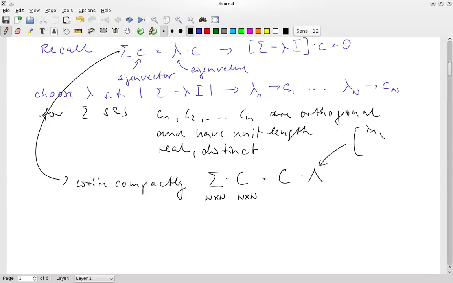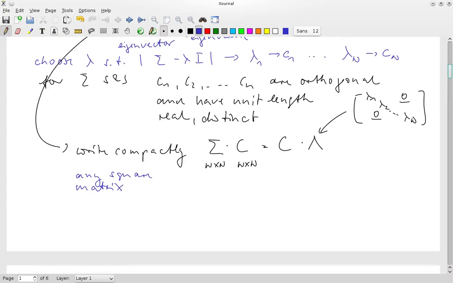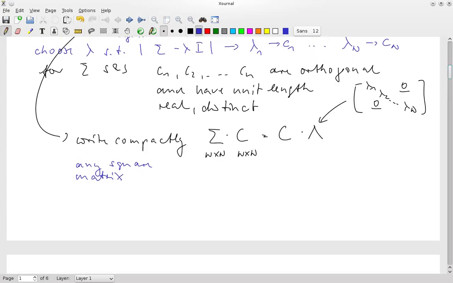So we have lambda 1 here, lambda 2 here, lambda n here, and off the diagonal I have 0, so it's a diagonal matrix. Okay. So this can be done for any square matrix. Not necessarily must that matrix be symmetric. That's a possibility to express sigma, the matrix, and its eigenvalues and eigenvectors in that form.